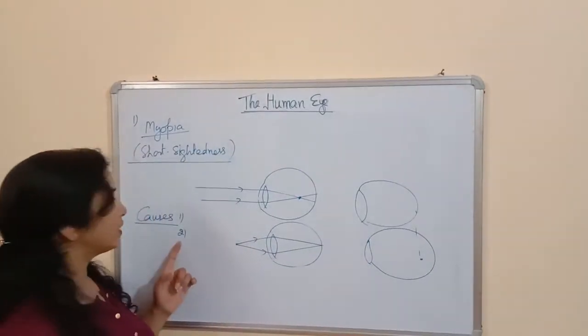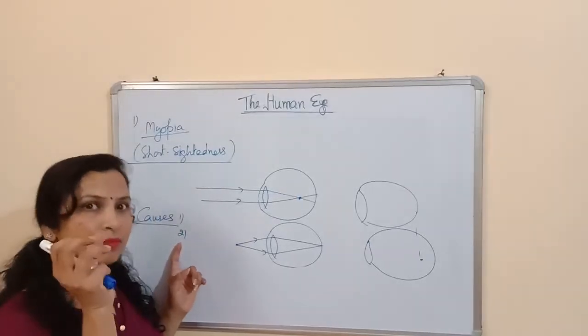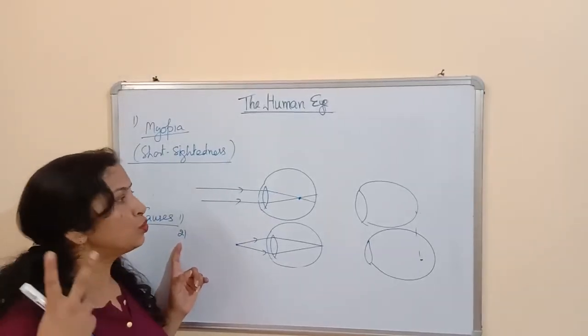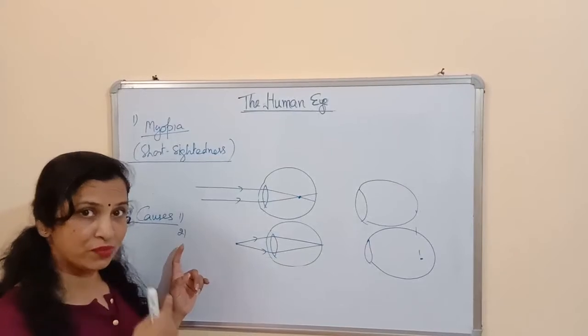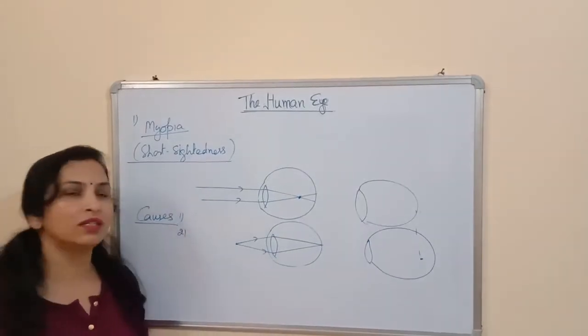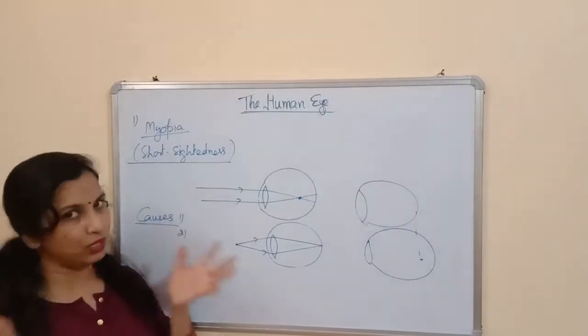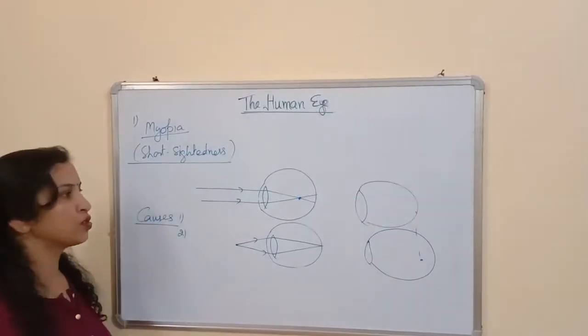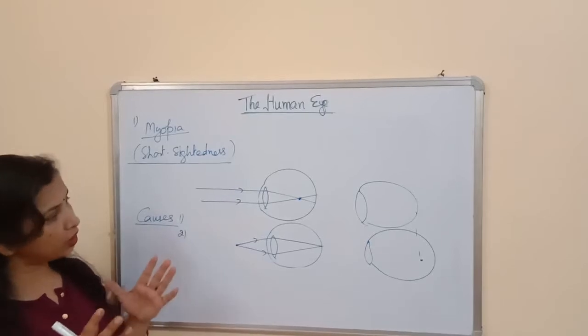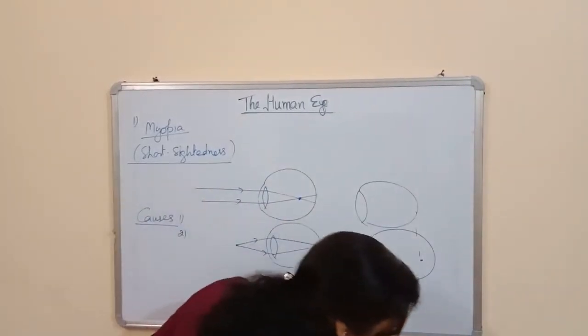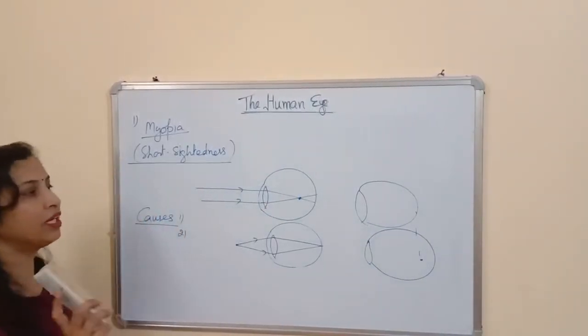So the second reason can be that the eyeball becomes large. So these are the two causes of myopia: the focal length of the lens becomes short, or the eyeball becomes too large. Now the next part is how can we correct this vision?